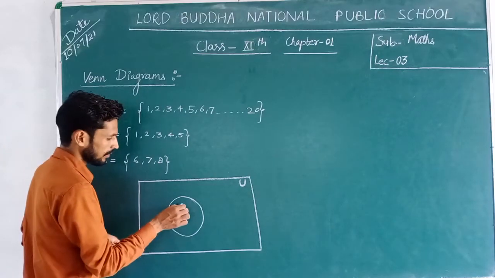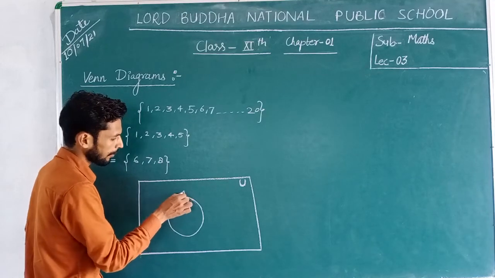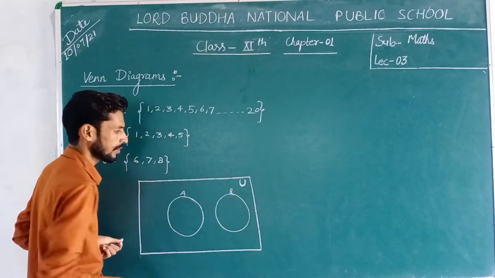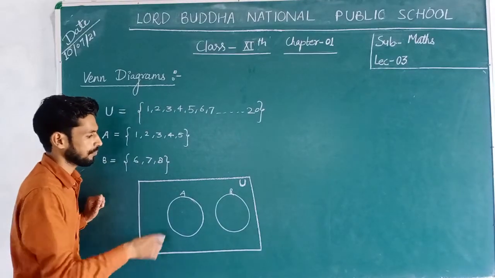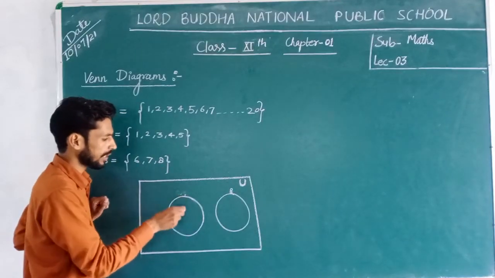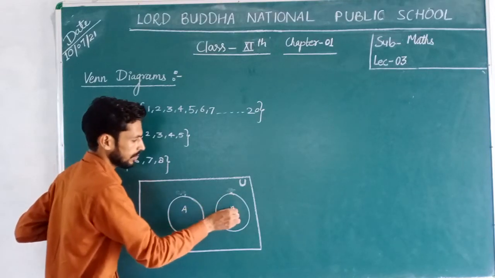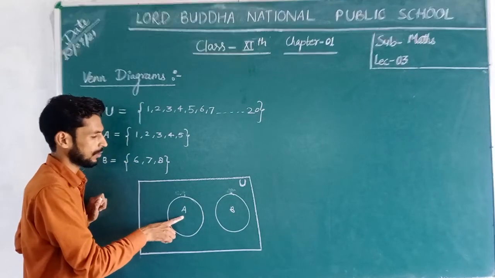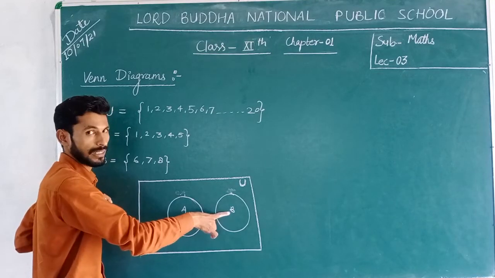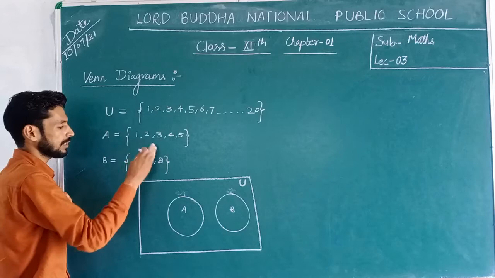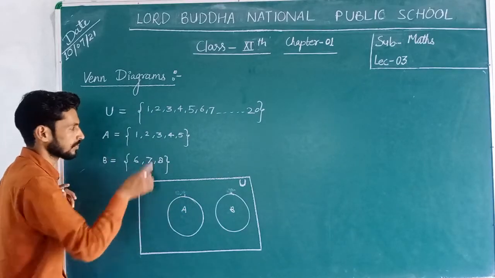Like this is the circle for set A and next is the circle for set B. Now remember that this symbol A you can write here inside the circle. So this is the circle for set A and the next circle is for set B. And all the elements of set A are represented in this circle.